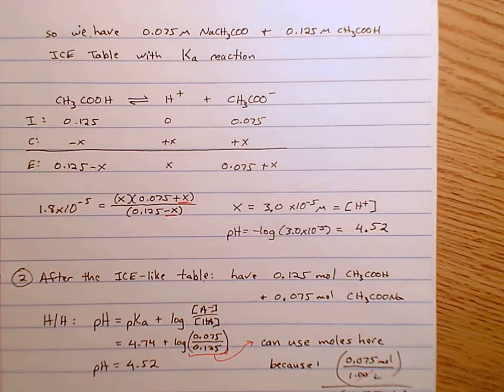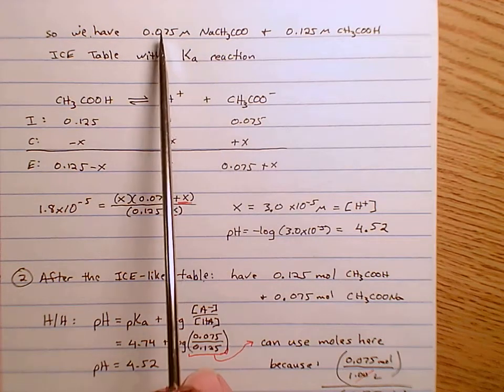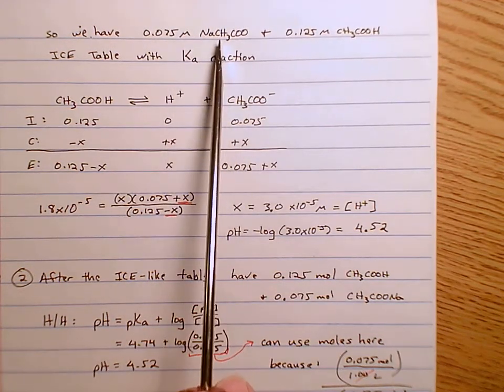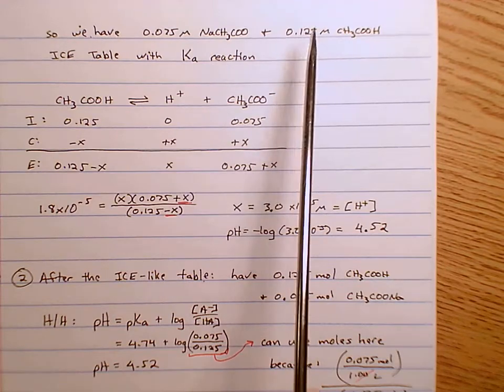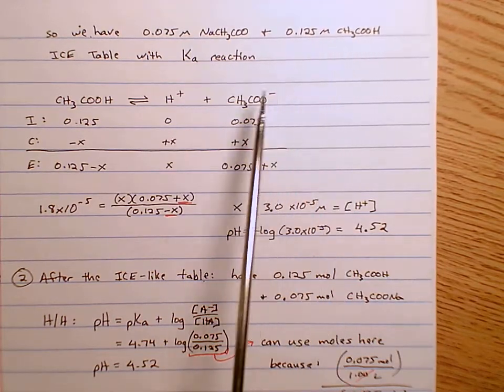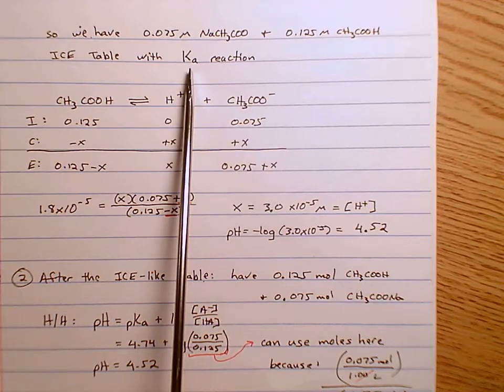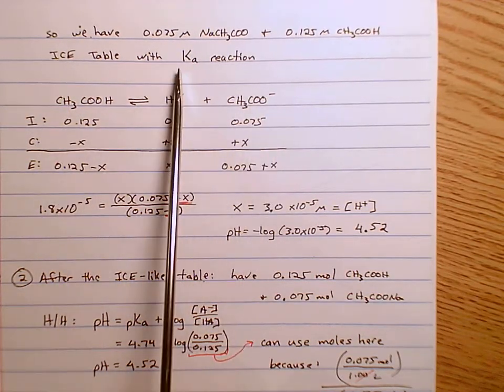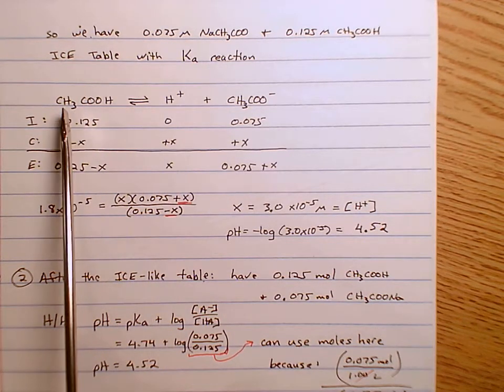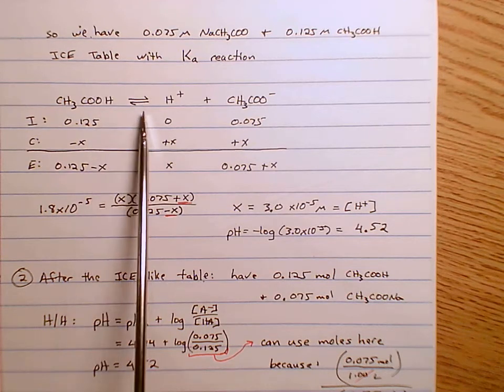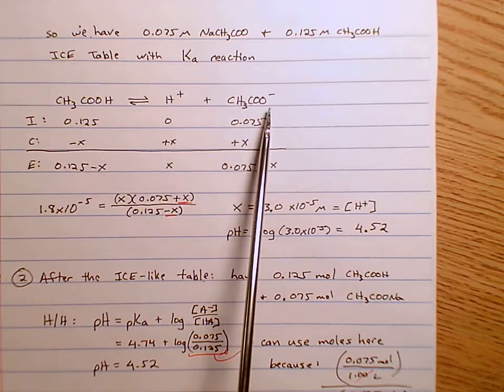Do an ice table. Since we have 0.075 molar of acetate and 0.125 molar acetic acid, just do an ice table. So we've got the Ka for the reaction, so we need to write the Ka reaction since we were given Ka for acetic acid, 1.8 times 10 to the minus 5. So the Ka equation is acetic acid in equilibrium with H plus and CH3COO minus.